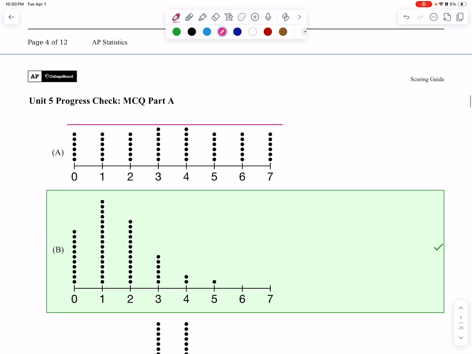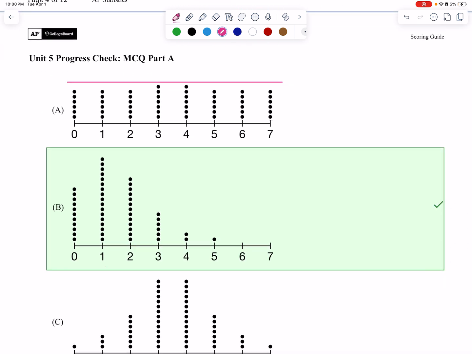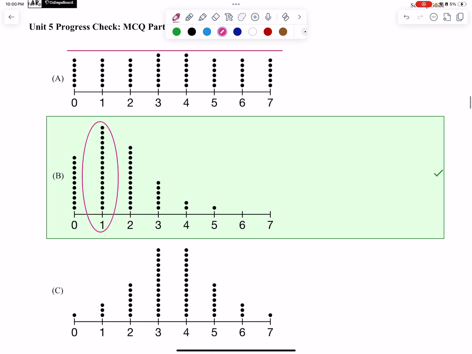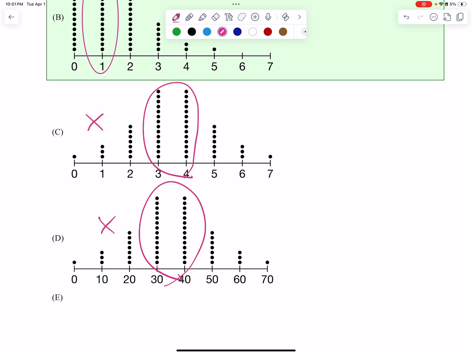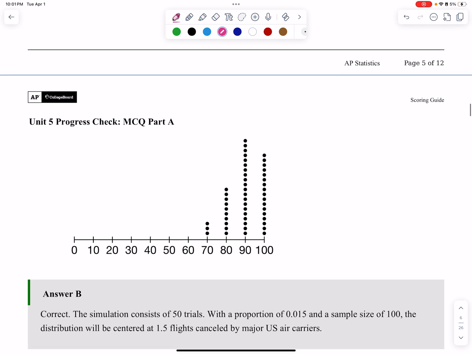As I said, this one's uniform, that's straight across. This one here, you can see they're right near 0.75, about 1, which is why that's good. This one, most of them are over here, so we know that's bad. Most over here, so that's bad. And this one is most over here, so that's bad.